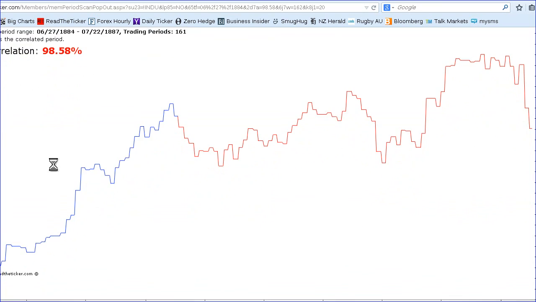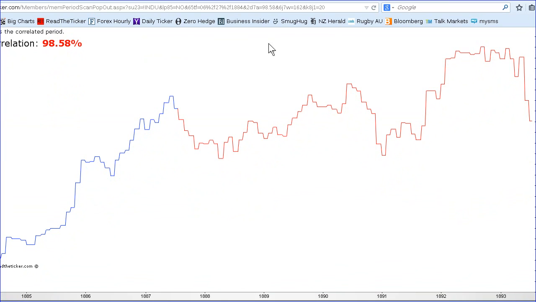Now when we look at the period scan, we see to the left the blue, which is the pattern that is found. It mirrors our pattern. So this pattern in 1884 to 1887 is a mirror of what goes on between 2011 and 2014. As you can see, it was a 2-year solid rise, pretty strong.